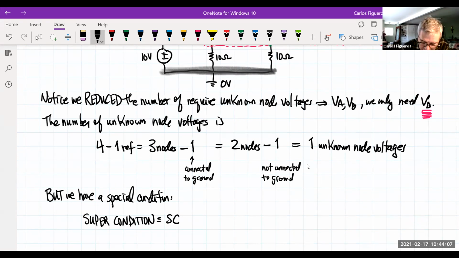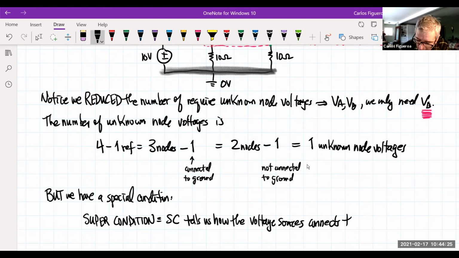And the super condition tells us how the voltage source connects the two node voltages.